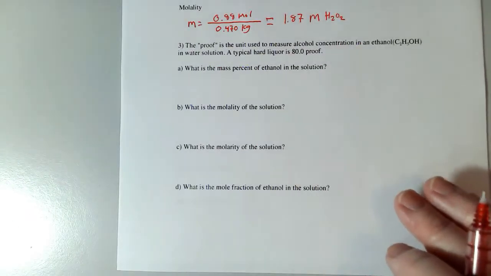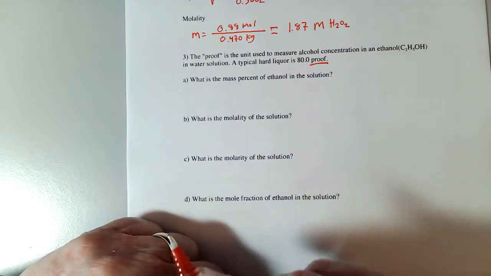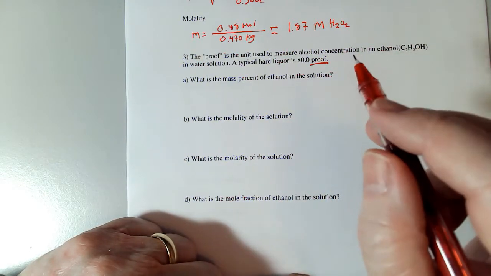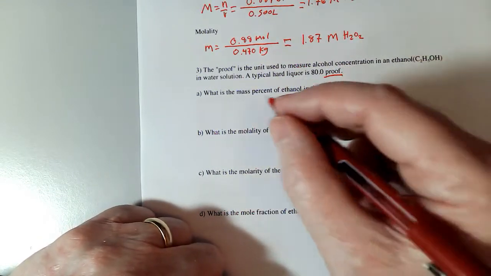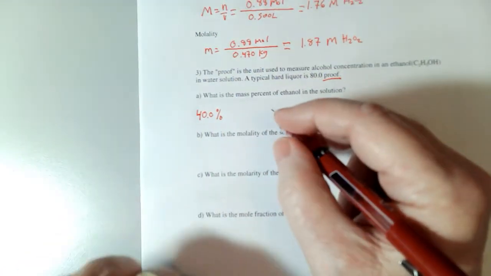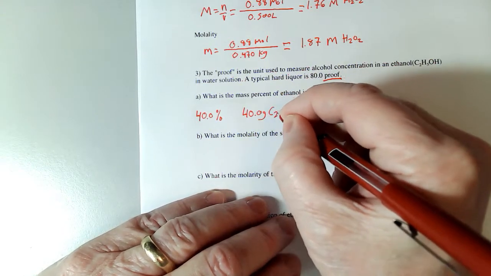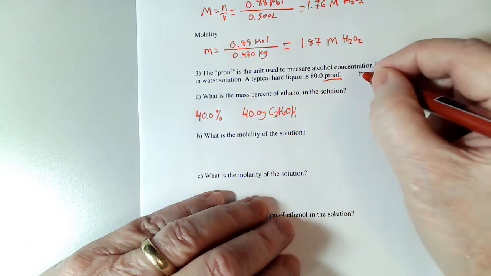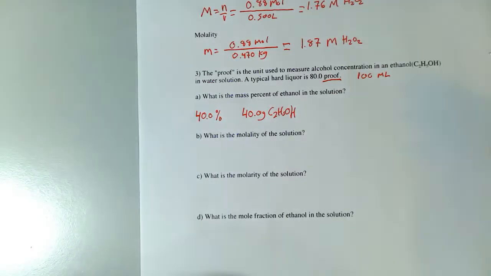Okay. Now, liquor, when sold, is typically defined by the proof. Okay? Now, proof is a 0.5%. So if a liquor is 80 proof, that means it's 40.0%, meaning that there are 40.0 grams of C2H5OH out of every 100. Let's just assume we have 100 milliliters and that the density is 1, so it's 100 grams.